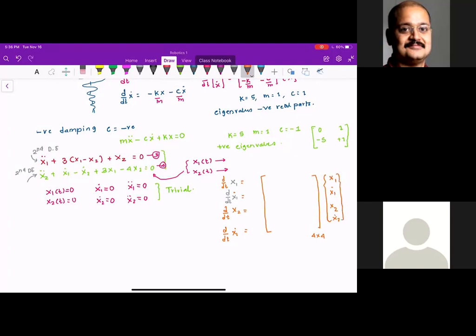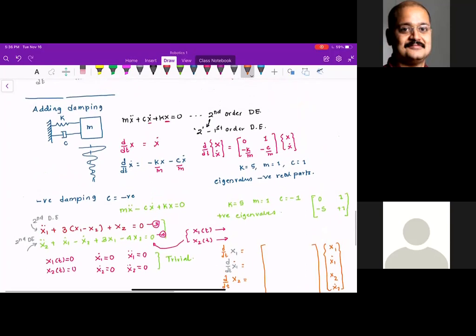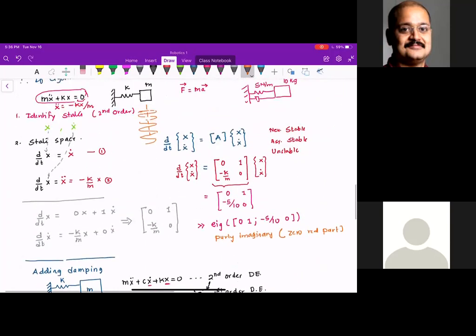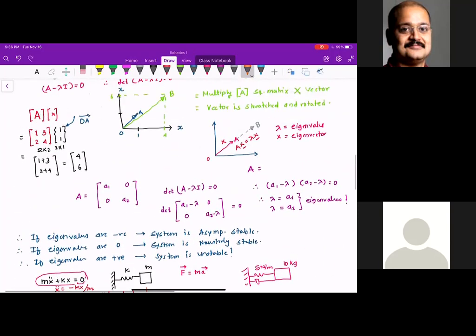And once I find out the eigenvalues of this matrix, I would know whether this system is stable, simply stable, or unstable. Now, there is a simple way of doing all this, and I will actually work out a MATLAB example in next class. But I want you to understand in the very first problem what we did.